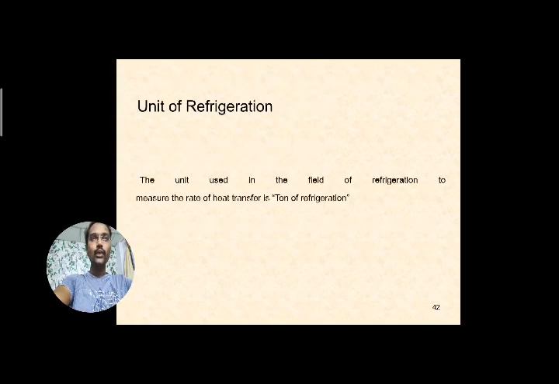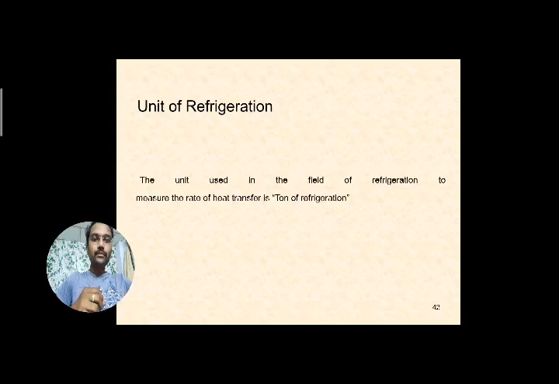Next, we'll see the unit of refrigeration. In the field of refrigeration, generally heat transfer is taking place in the refrigerator. Due to the heat transfer, heat is rejected and heat is added, and so you get the cooling effect.